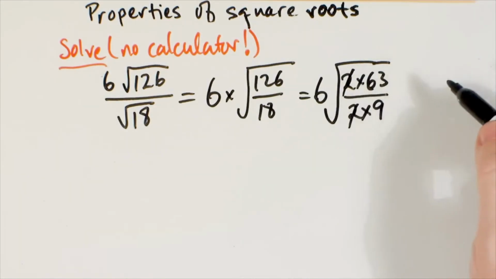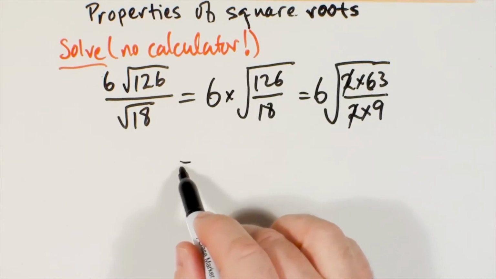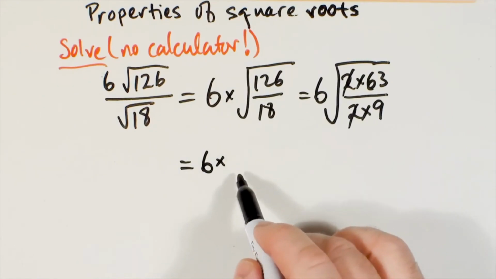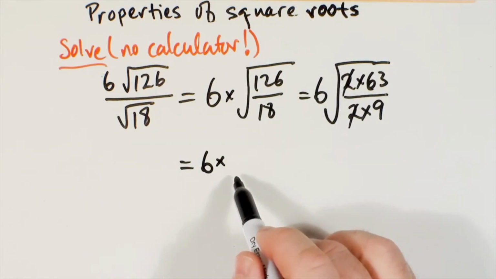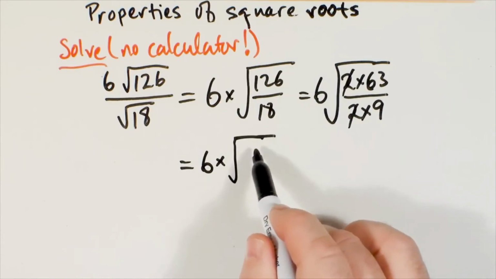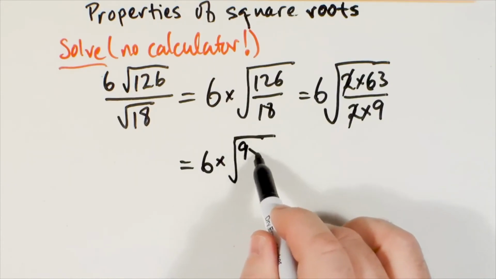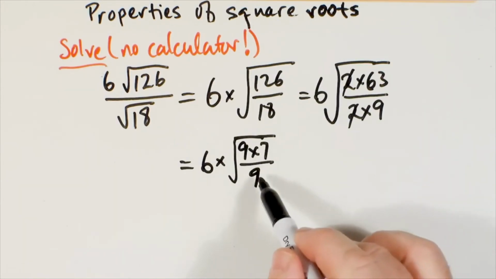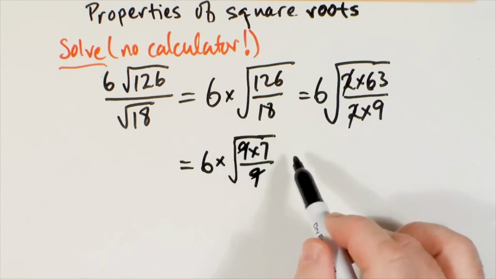We end up with 63 over 9. So 6 times root 63 over 9, well, the square root of 63 factors into 9 times 7. And we got 9 times 7 over 9. And now we see that the 9 is common on the top and the bottom, and they cancel, and we end up with 6 root 7.